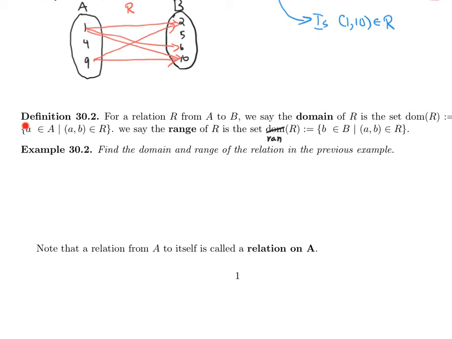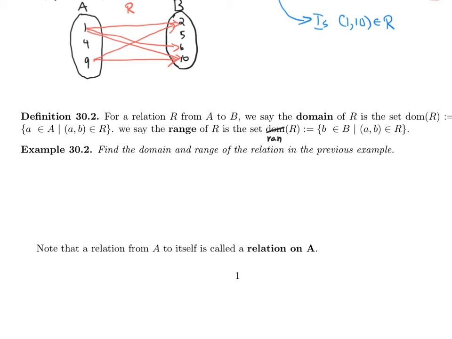It's all elements of A such that there is an ordered pair that has A as a member. So that's what this is saying. And for the range, it's kind of the opposite thing. So rather than the first element, so in A, it's the second element, so in B.